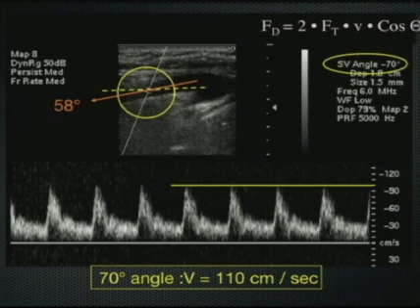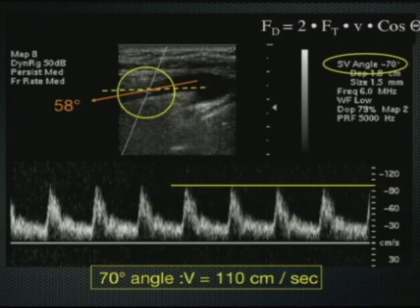Now, another very important factor in estimating velocity, of course, is the Doppler angle, because the Doppler frequency shift is reduced in proportion to the Doppler angle. And if the Doppler angle is incorrect, the velocity calculated from the frequency shift will also be incorrect.